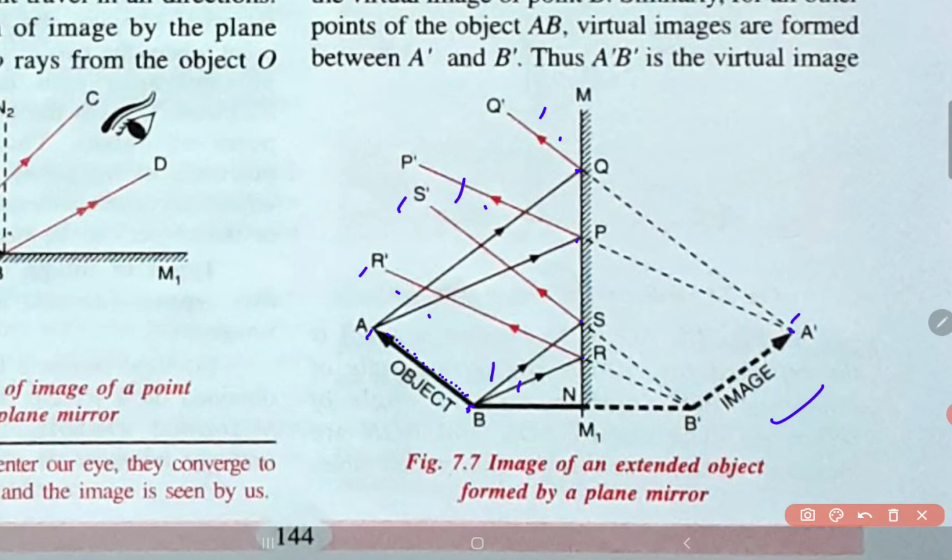When these two rays are produced backwards, they meet at B dash, thus one image is created, A dash B dash. This is how it takes place. But to draw this diagram, we need to measure the points and then draw, so that we don't have any problems in getting this diagram as our result. So let us go to the clip.